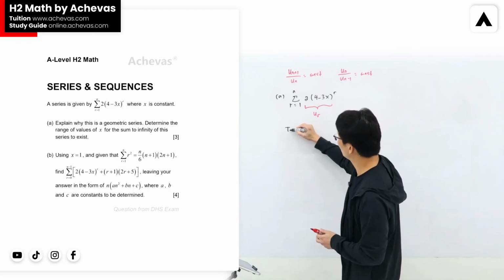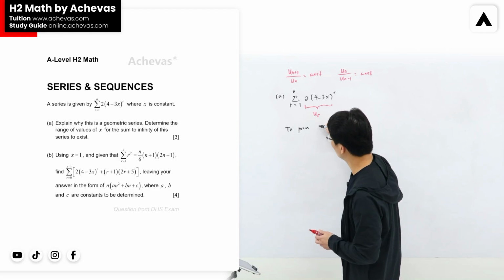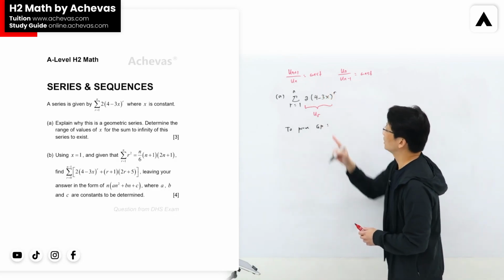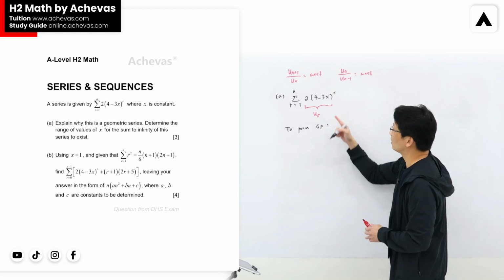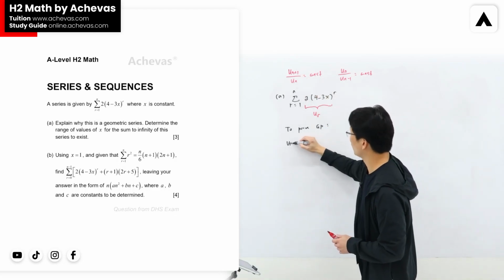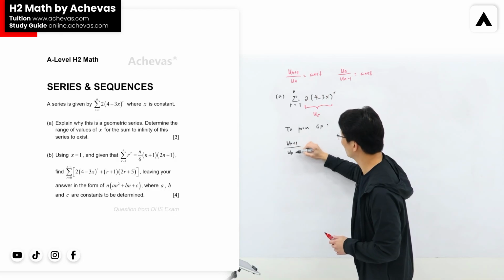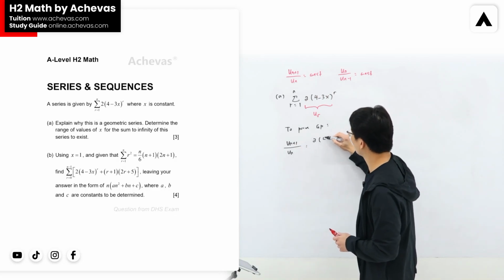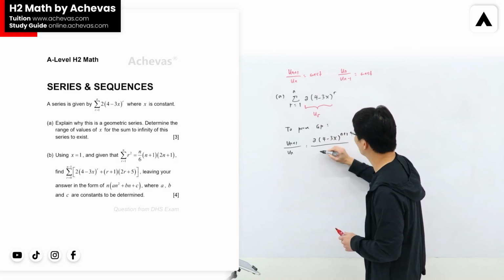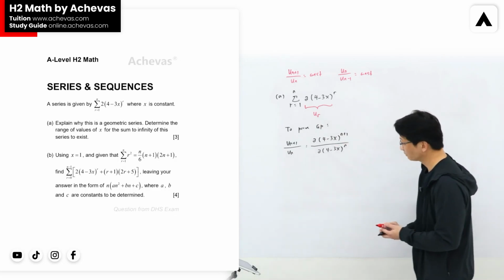And to prove this to be a GP, we are going to use this choice here, whereby we are going to replace all the r with n. So in this case, u(n+1) divided by u(n) equals 2(4 minus 3x) to the power n plus 1 over 2(4 minus 3x) to the power n.